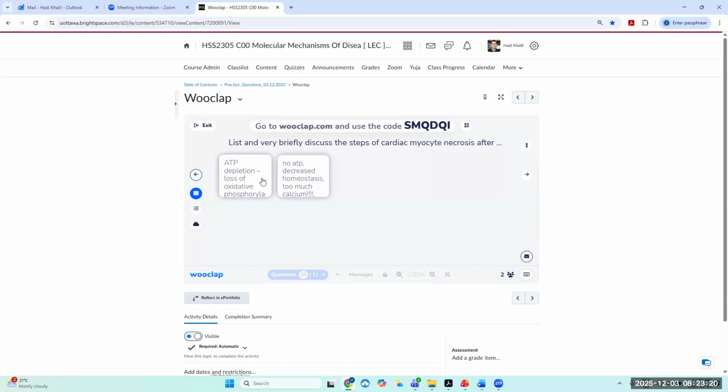You have to add a few more words to make your phrase complete and make sense. When you say ATP depletion, that's already an acceptable phrase. But when you say calcium entry, that's not, because you have to say what calcium does.